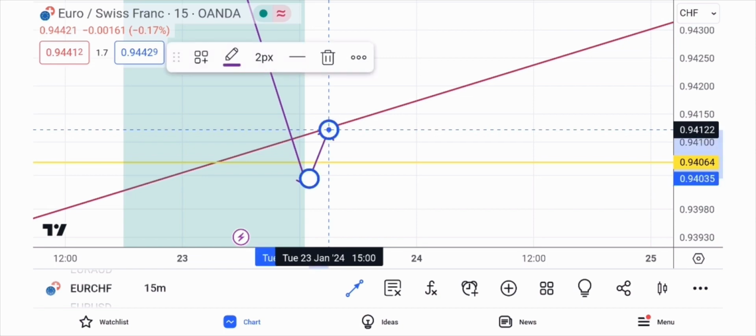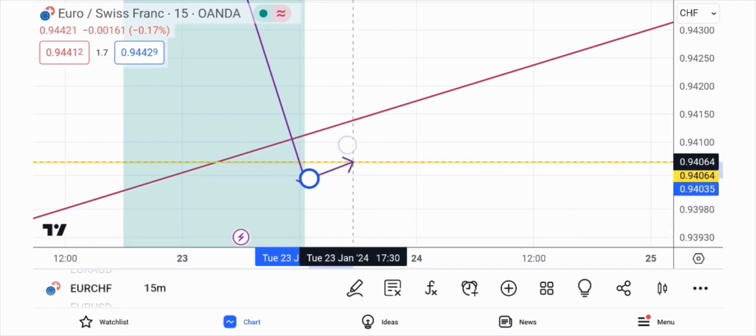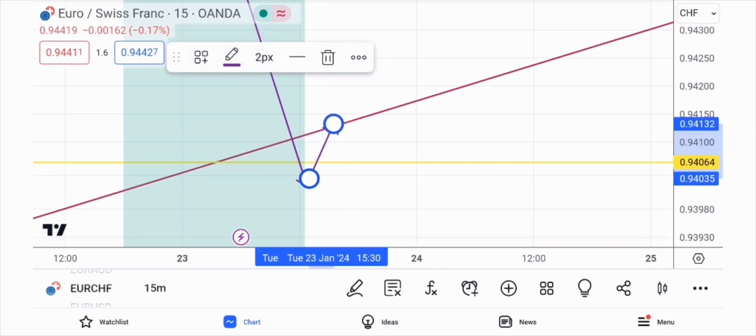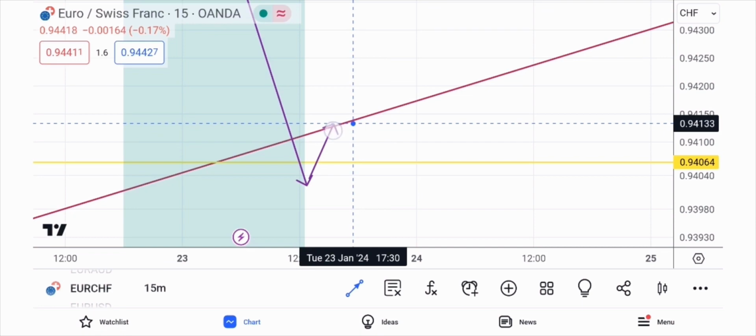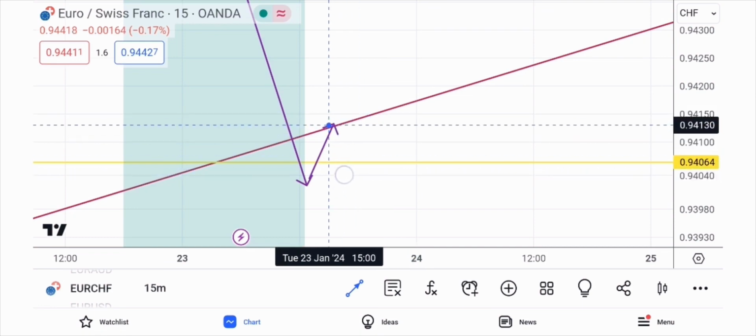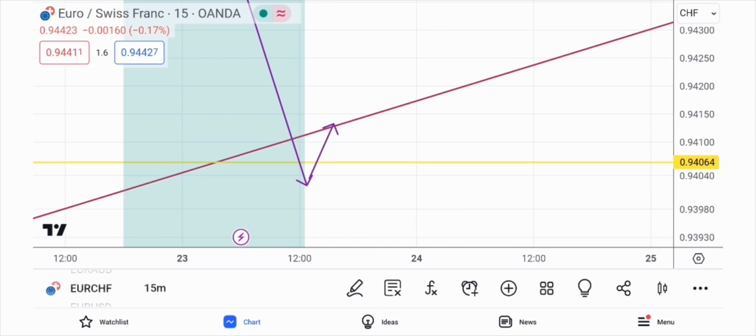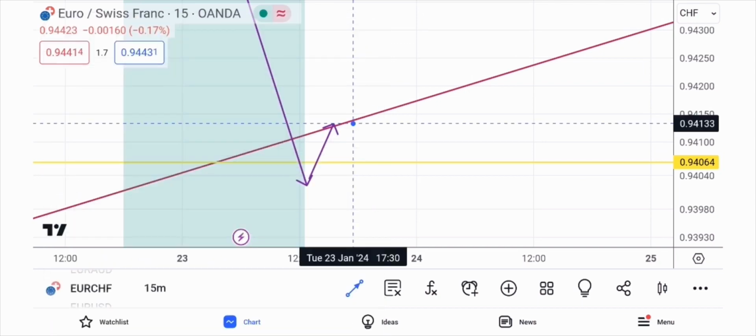That's how the market moves, unfortunately. And then we are expecting it to continue moving down after the retest, which is where you will be looking for your second entry levels, right? So this is where you will be looking for your second entry levels.